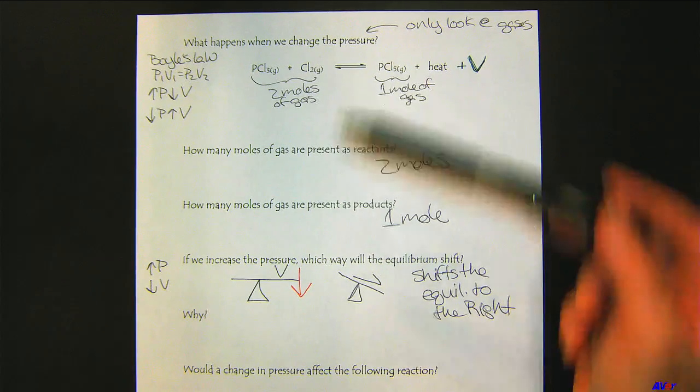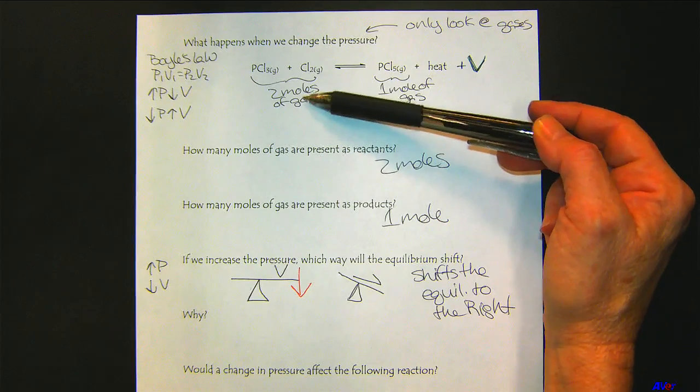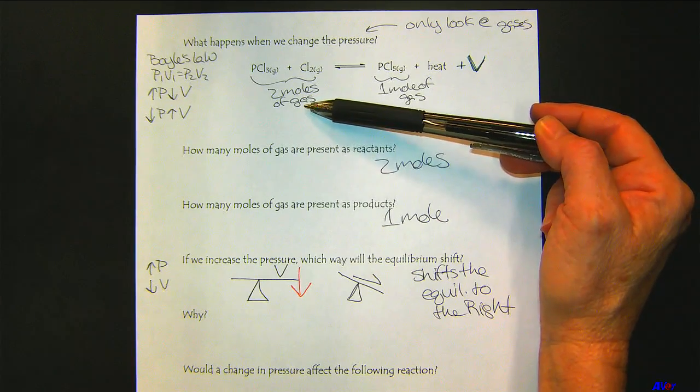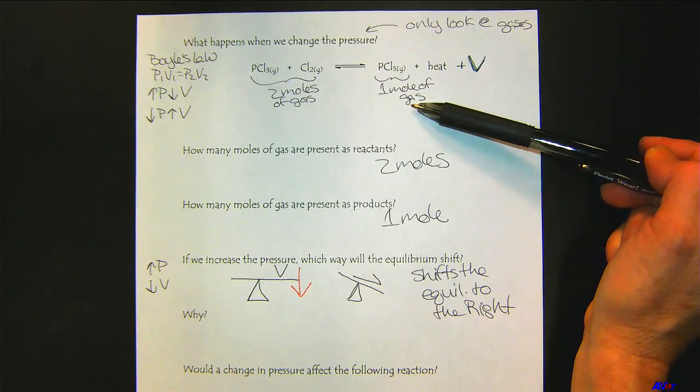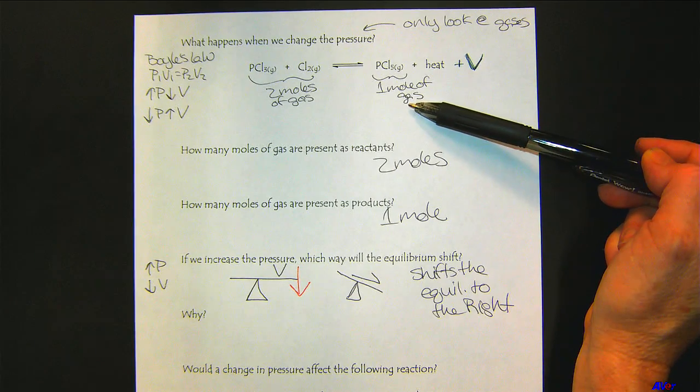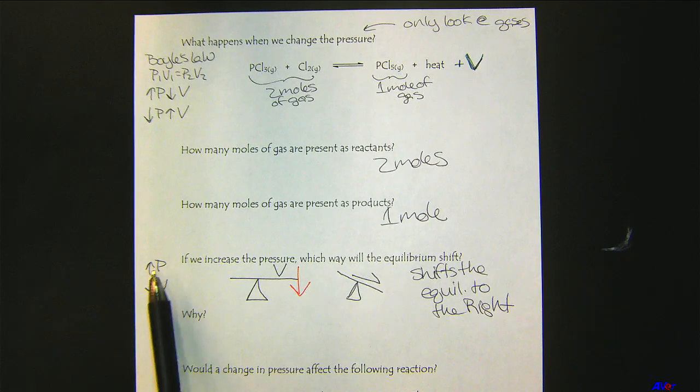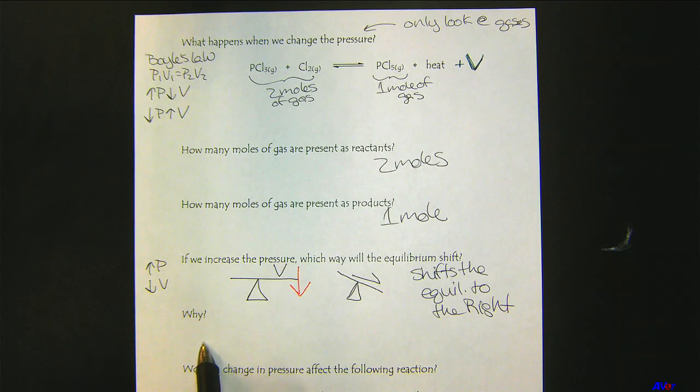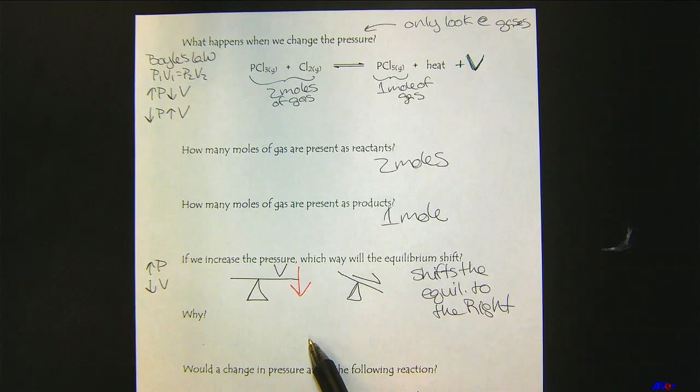Okay, and so let's think about this physically. On the reactant side, we have 2 moles of gas clamoring for space, and on the right side, we only have 1 mole of gas wanting space. So as we increase the pressure, we're squeezing the space, and so the reaction wants to have fewer moles of gas.